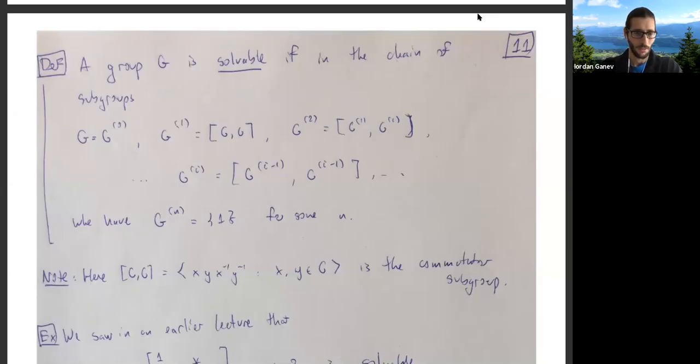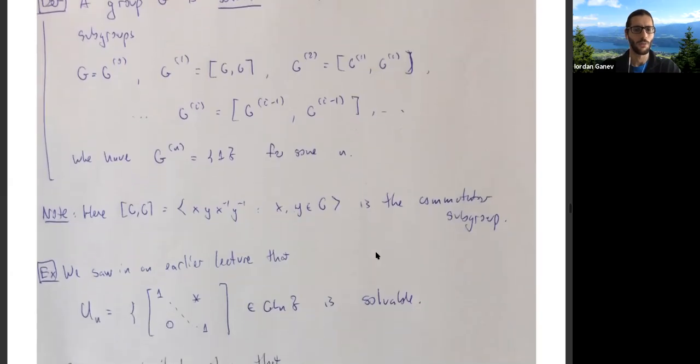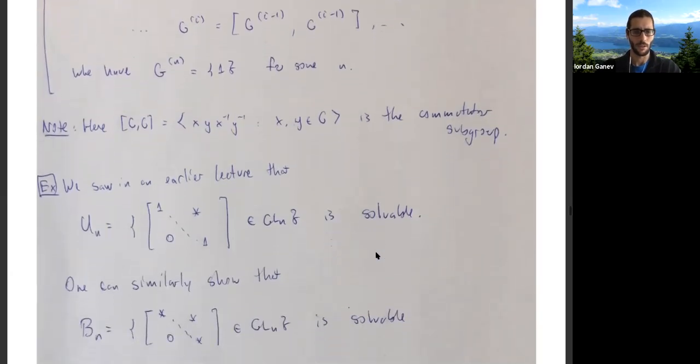But anyway, we're not too concerned about that. We just take this definition here. And we saw in an earlier lecture that the subgroup of unipotent upper triangular matrices is solvable as a group, because if we take successive commutators, we get more and more zeros in that upper triangular part until at the nth stage we just get the identity matrix.